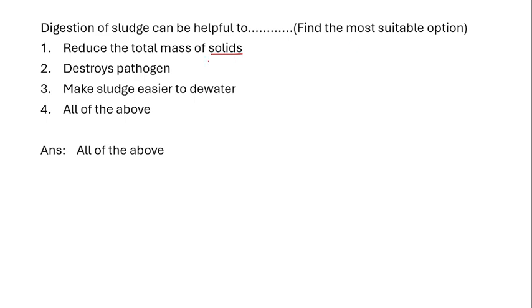So the mass of the solids is reduced. And then during the anaerobic digestion, at the particular pressure and temperature, the pathogens are also getting destroyed. And then it makes the sludge easier to dewater. So this is also included in the digestion of the sludge. Okay, so all of the above is the right answer.